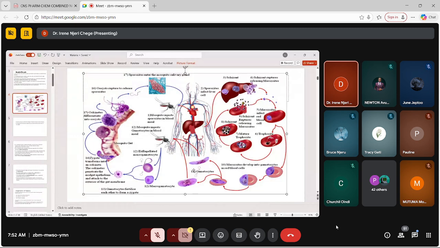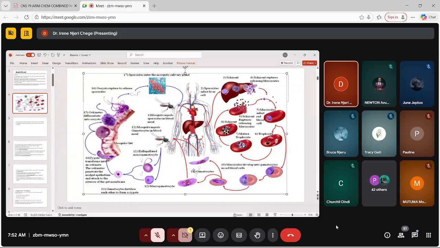So this begins the sexual stage, or the sexual cycle, in the mosquito. This is what we are calling the gametocytic cycle. So the mosquito will bite a human that has these gametocytes, and these gametocytes form in the GIT the ookinetes, etc., and later on form the sporozoites.